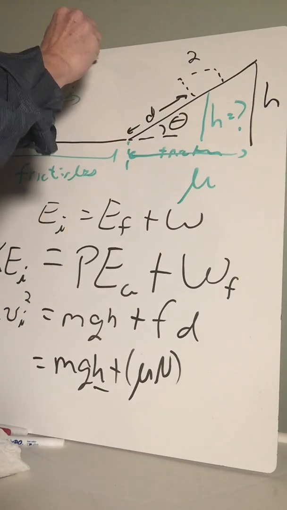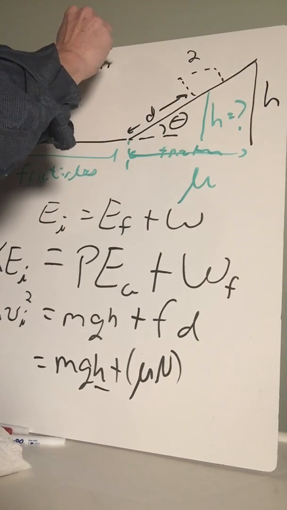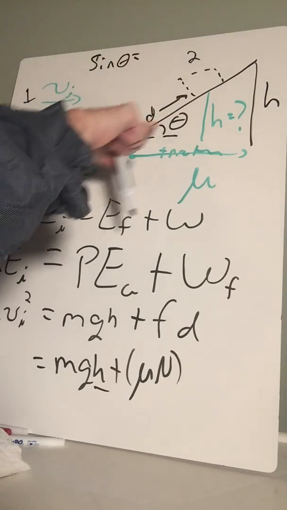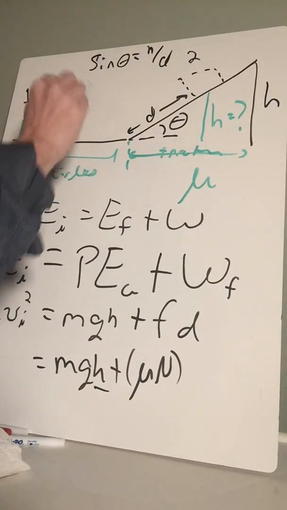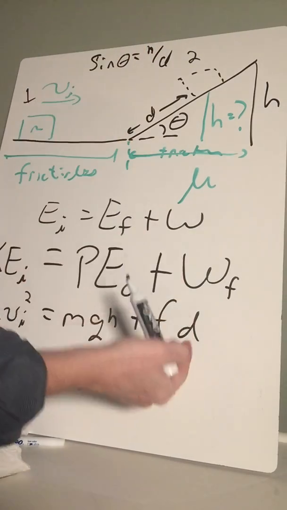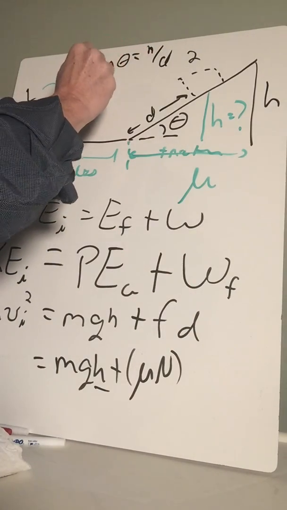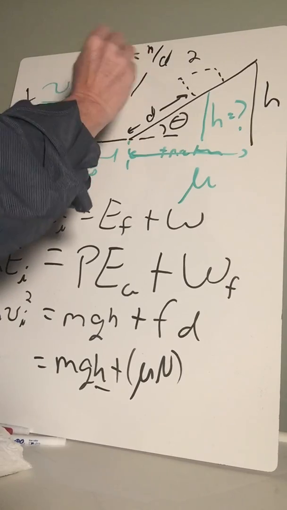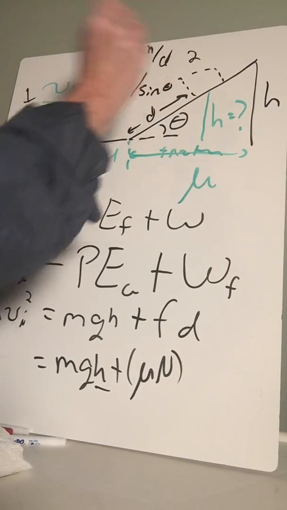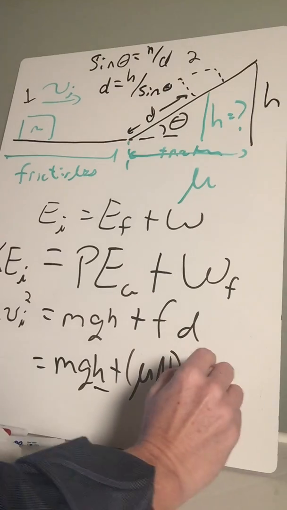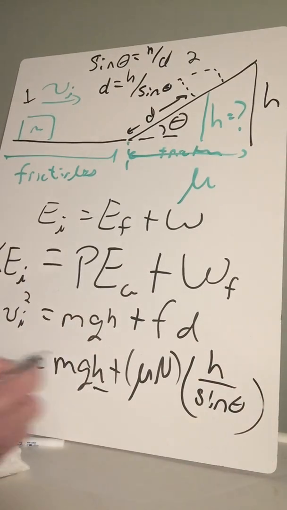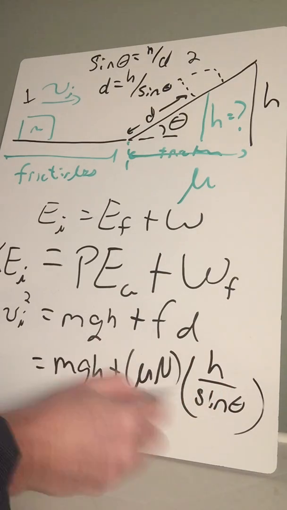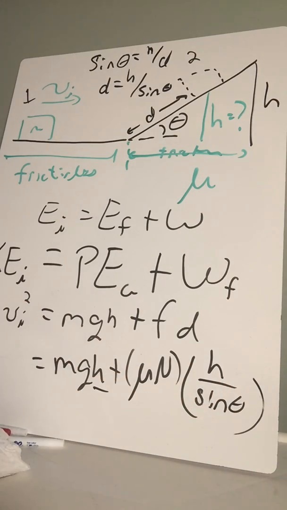So I solve for d, so this is sine theta equals opposite over hypotenuse. I'm subbing in for d, so that means d equals height over sine theta, which then will turn into h over sine theta. Now, the only thing I don't know is height at this point.